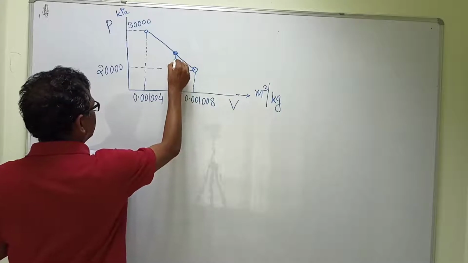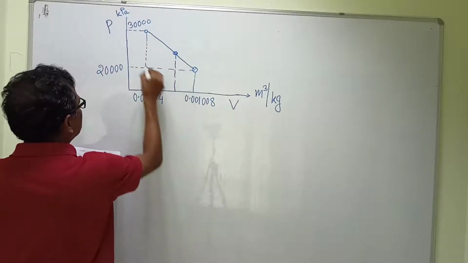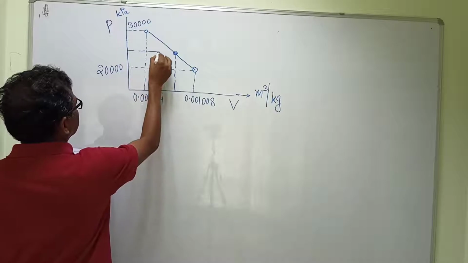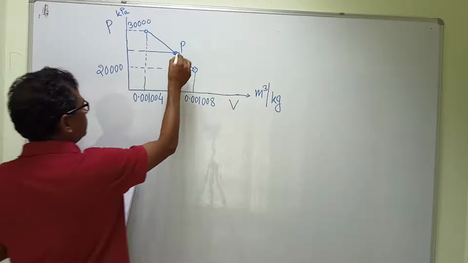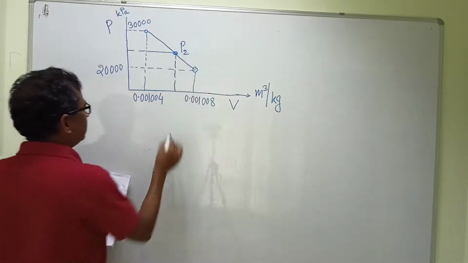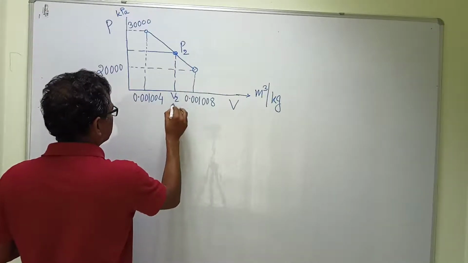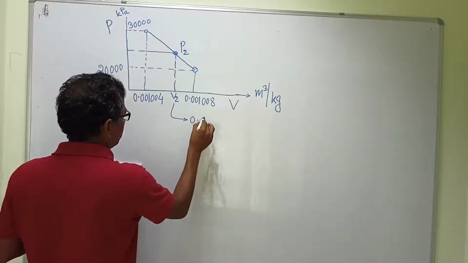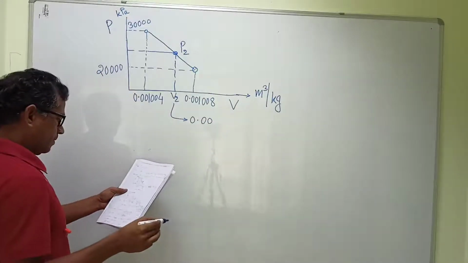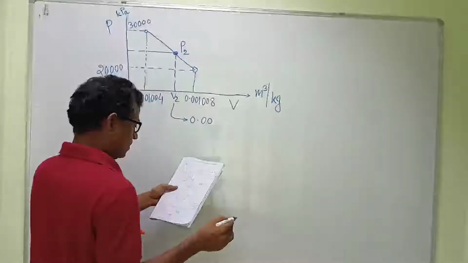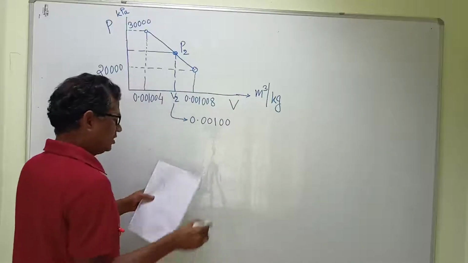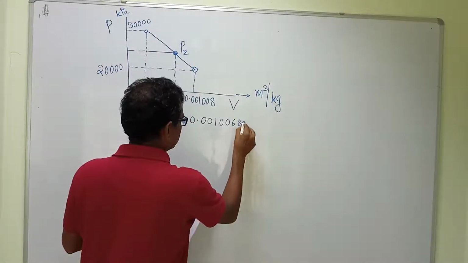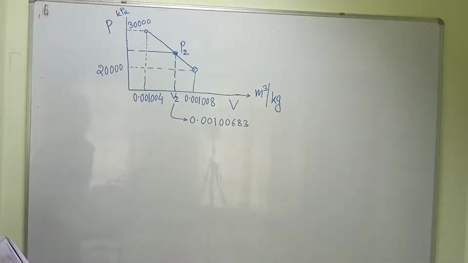So let it be the state 2. Here I need to find out the pressure. So P2 is the pressure, and V2 we have calculated, which is equal to 0.001000683. Okay. So we will do the linear interpolation.